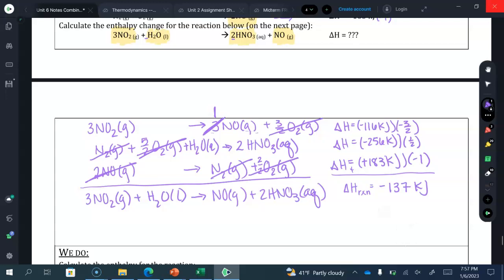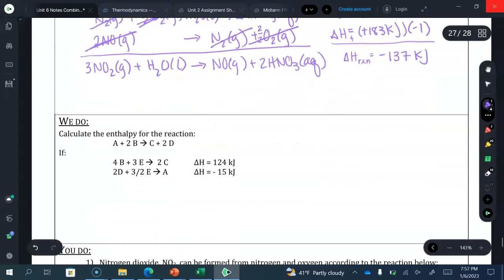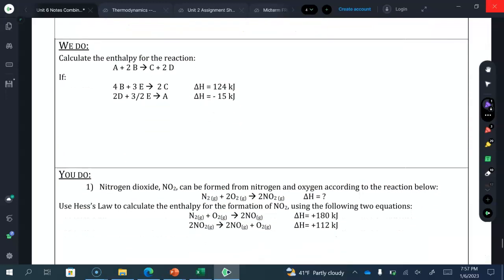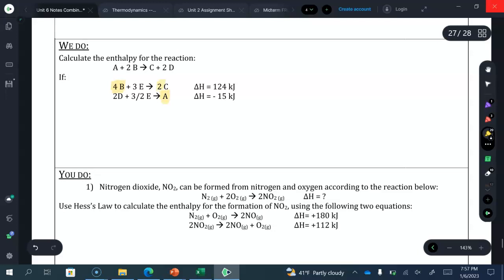Okay, so now we're going to try it with another problem, and I'm going to ask you guys to try first. Okay, so you are going to use these 2 reactions to add to these 2. So you have to do a little bit of puzzling together and make sure that they work out. Okay, so we need the B, the A, the C's, and the D's here.